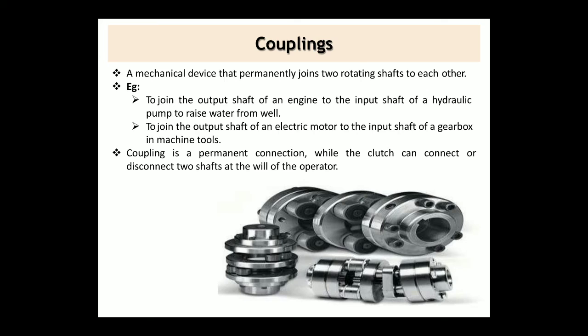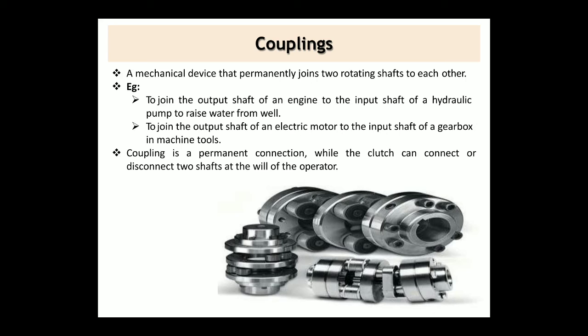For example, to join the output shaft of an engine to the input shaft of a hydraulic pump to raise water from a well, or to join the output shaft of an electric motor to the input shaft of a gearbox in machine tools.